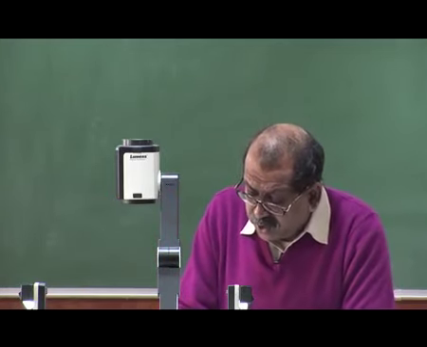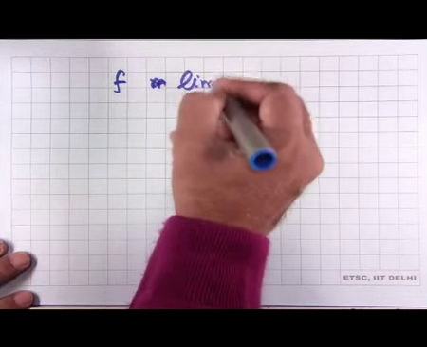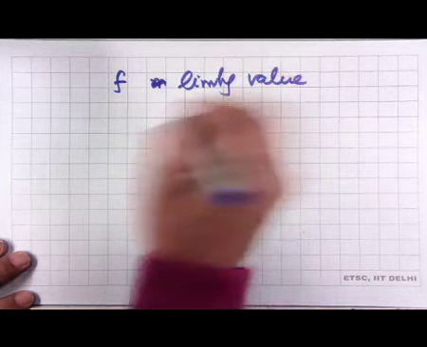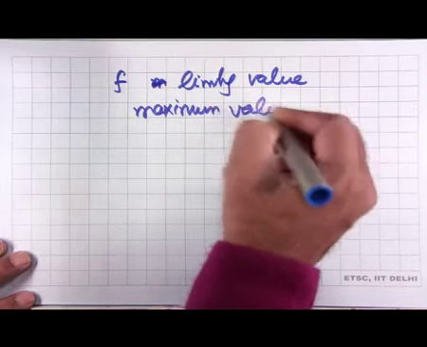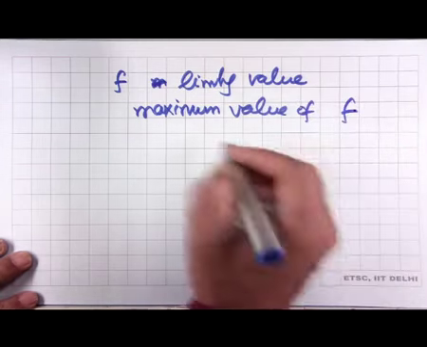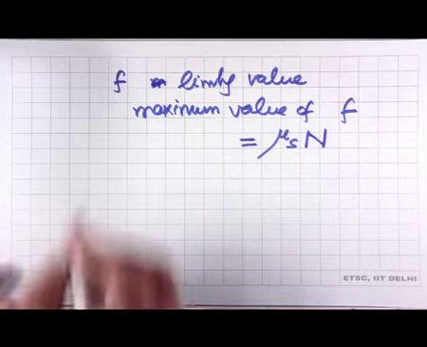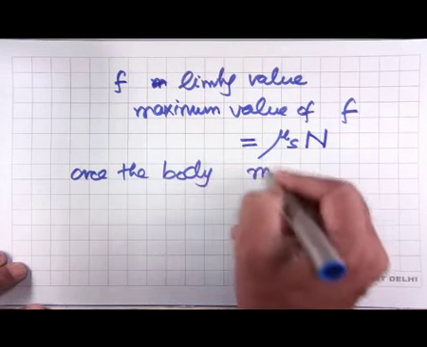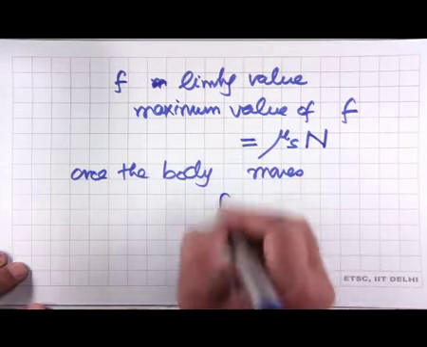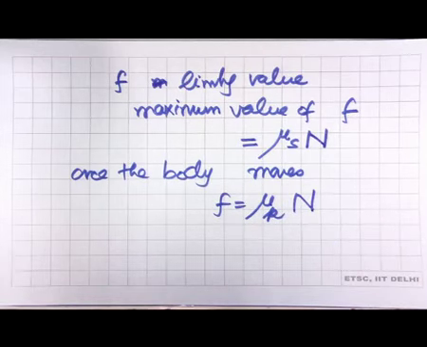What we know is the friction force has a limiting value, and the maximum value of the friction force is equal to mu s times N, and once the body starts to move, then the friction force is equal to mu k times N in the direction opposing the motion.